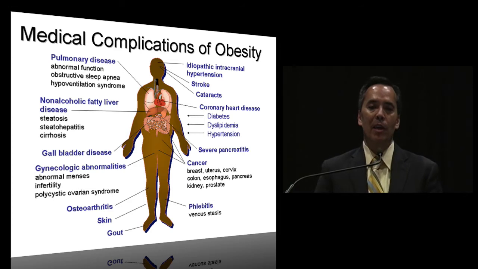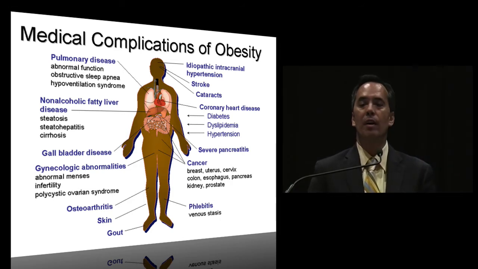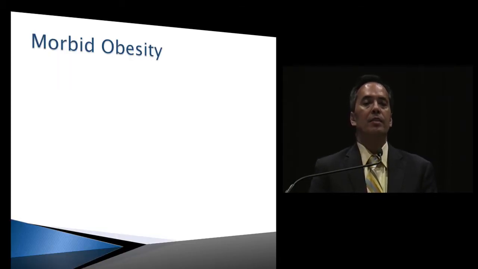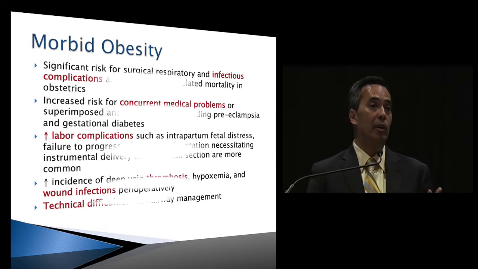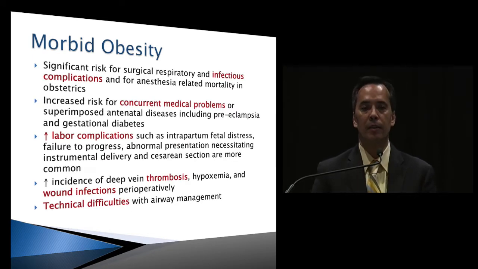You know all about the medical complications of obesity. It's multifactorial, it's multisystemic, so all kinds of problems can occur. Morbid obesity is a significant risk for surgical respiratory complications and also infectious complications. There's an increased risk for concurrent medical problems. I'll talk more about that later.